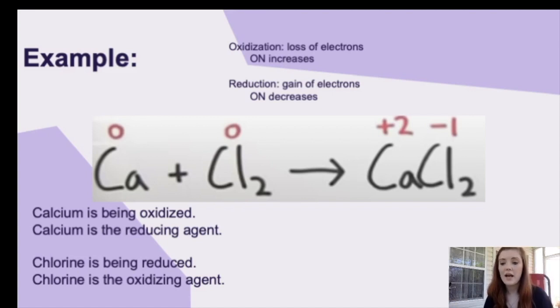Because remember, you can't have oxidation without reduction, and you can't have reduction without oxidation. So if it helps you just to remember that the thing that is oxidized is the reducing agent, and the thing that is reduced is the oxidizing agent, if that's able to land in your brain and you don't really have to give it any more thought and you can just memorize it, then do it that way.